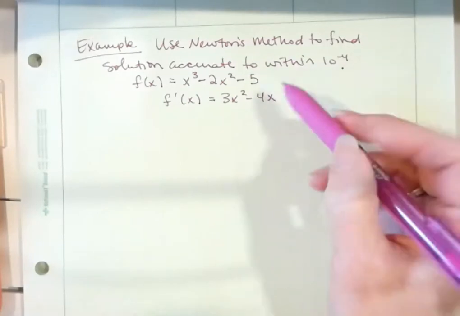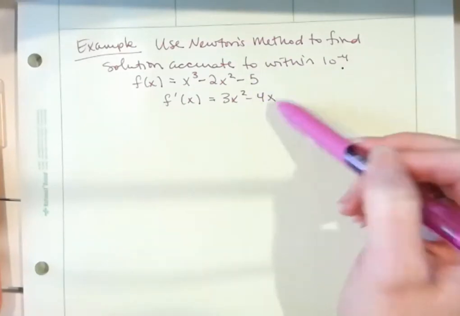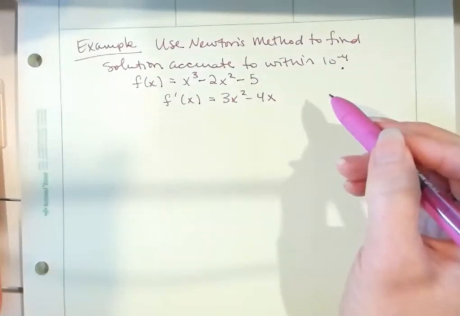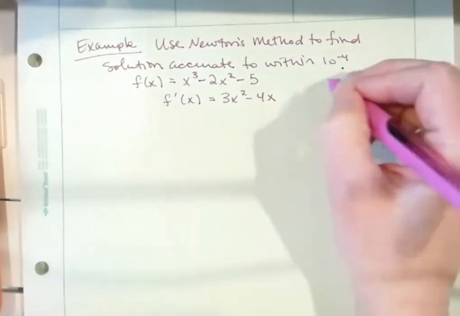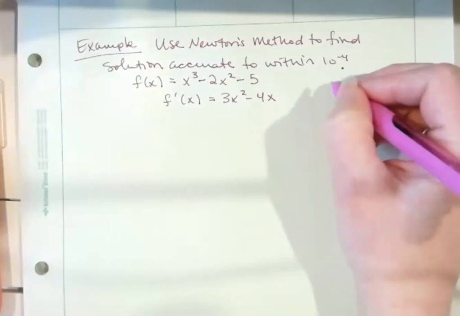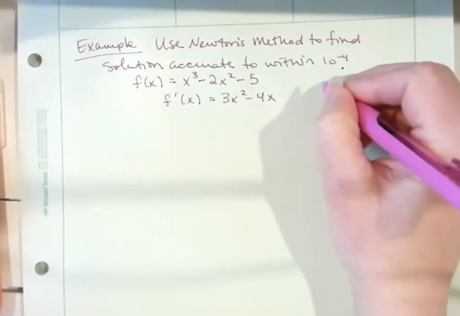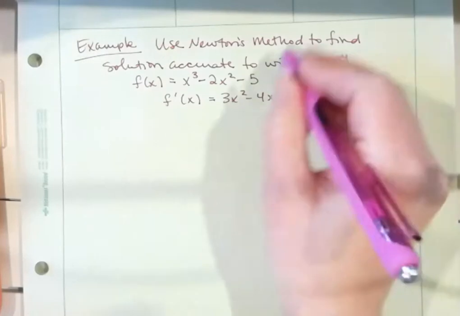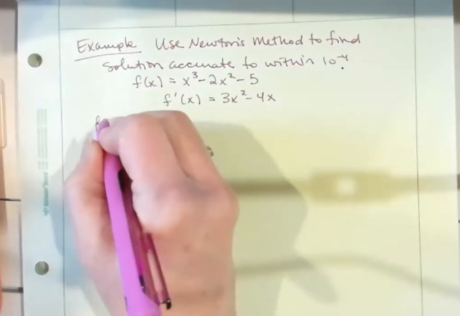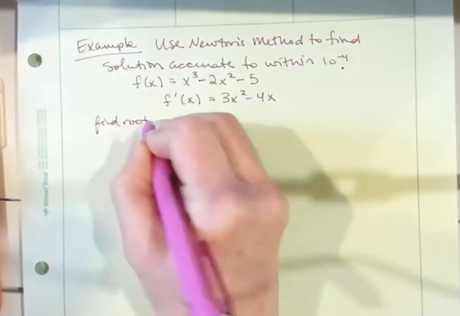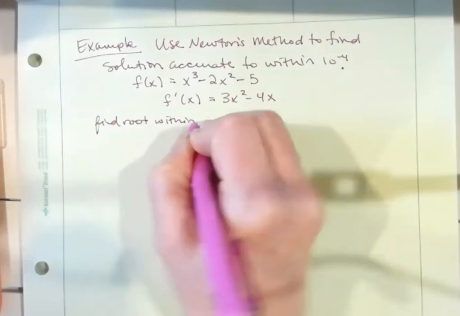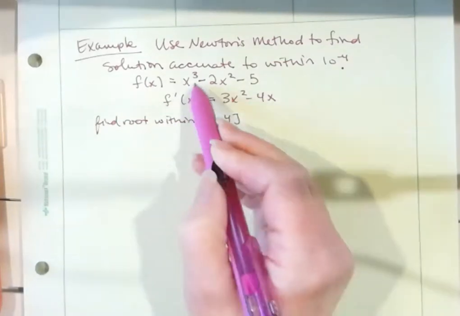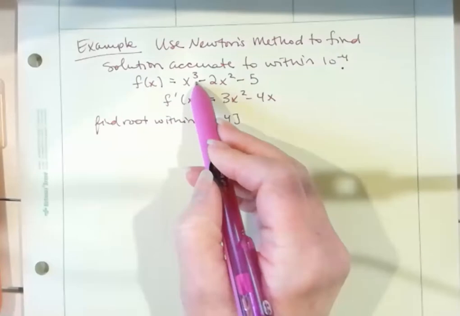So now we have our function, we have our derivative, we have our tolerance. Next, we need to find an initial approximation. We want to find a root that's within the range 1 to 4. The problem didn't say that, but that's what we're going to do, because if you notice, this is a cubic equation, so technically there are 3 roots.